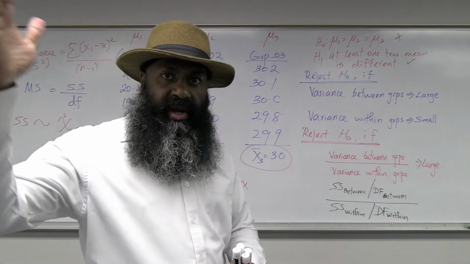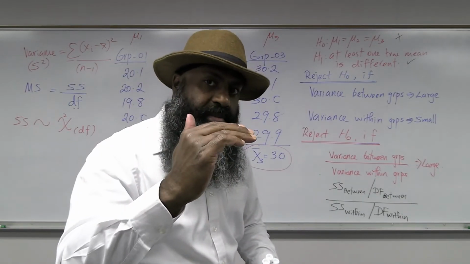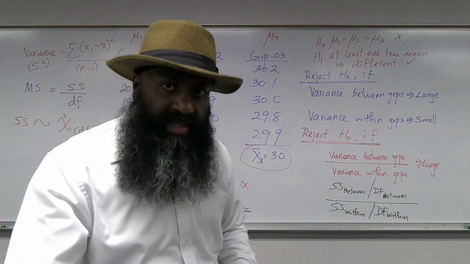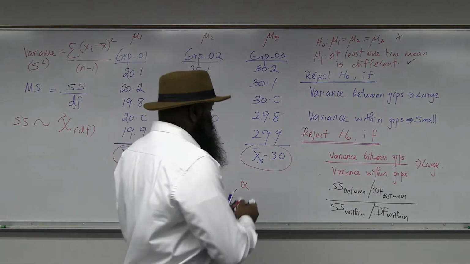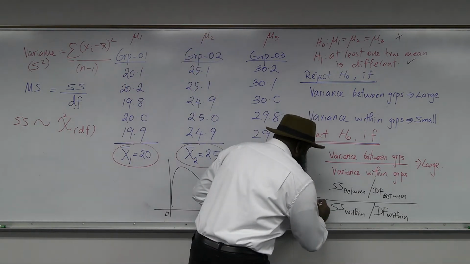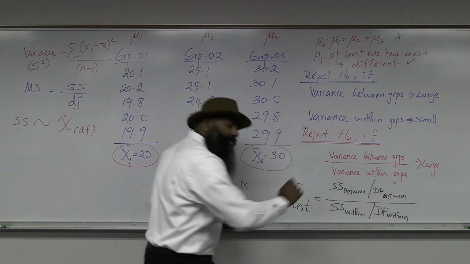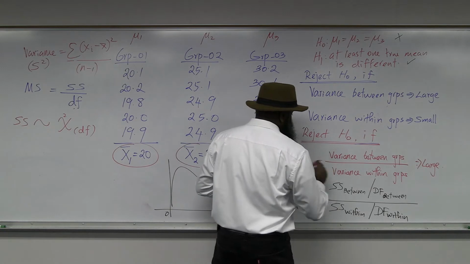Chi-squared random variable divided by its degrees of freedom, everything divided by another chi-squared random variable divided by its corresponding degrees of freedom. That gives us F distribution. So this is called an F test statistic. I will write this as F test.